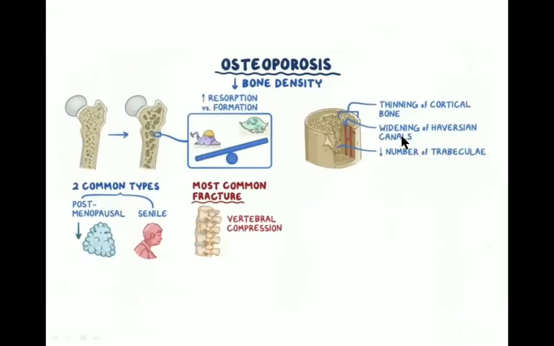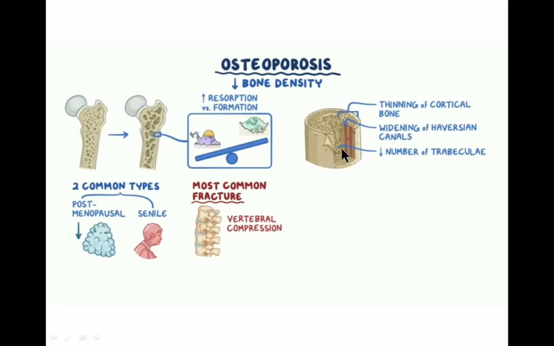So the overall summary of osteoporosis is that the main thing to consider here is that there will be a reduced bone density, which results from increased resorption of the bone and reduced formation of the bone. The major changes that occur in osteoporosis are a thinning of cortical bone, the outer layer, and widening of the Haversian canals.